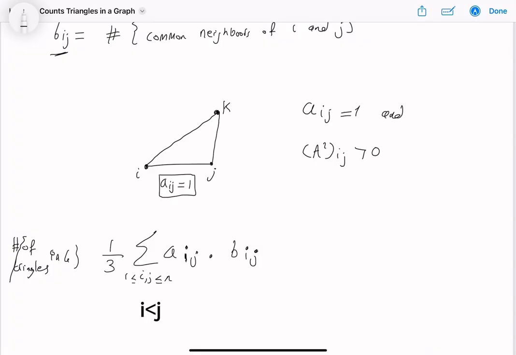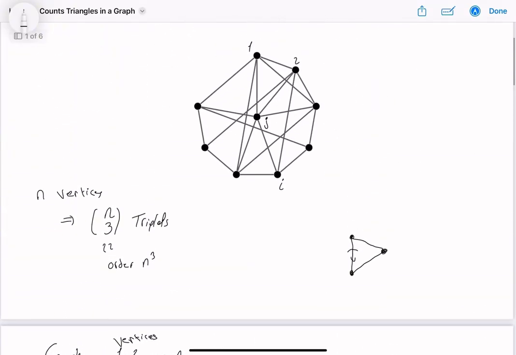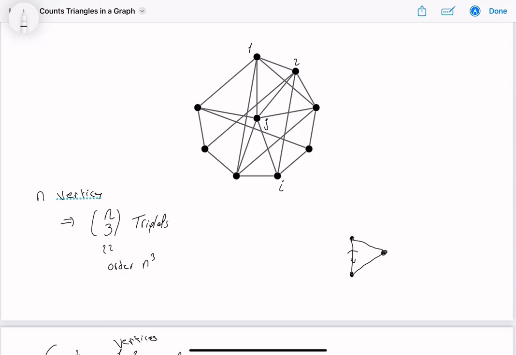This is a formula that we can use, and you may wonder, why is this useful? Well, let's recall why we went over all of this. We already knew an algorithm, which is the naive algorithm of going over every triplet inside the graph and checking if they form a triangle, but that was of order n-cubed operations.